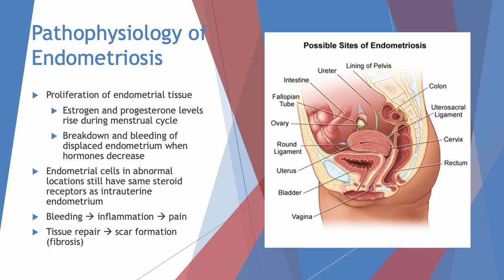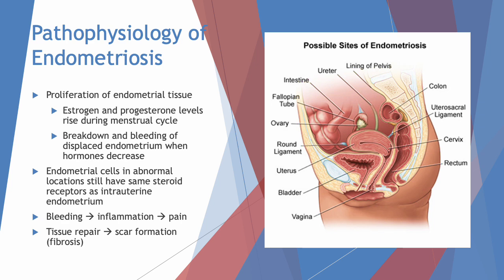Endometrial tissue can occur not in the uterus where it's supposed to be, and the estrogen and progesterone and FSH and LH can also act on this endometrial tissue that's outside of where it's supposed to be, and then this leads to breakdown and bleeding when the hormones rise and decrease.